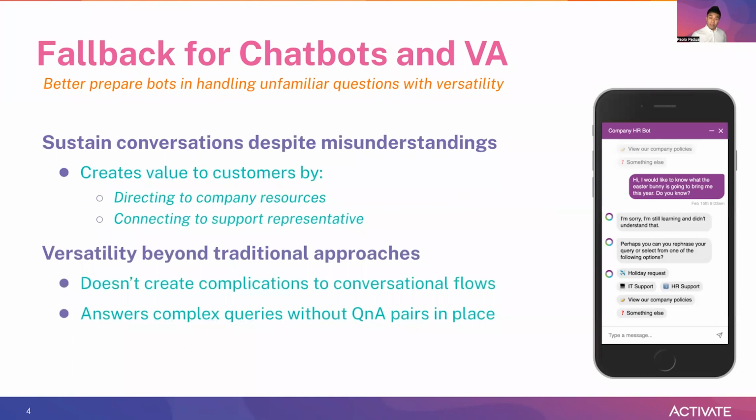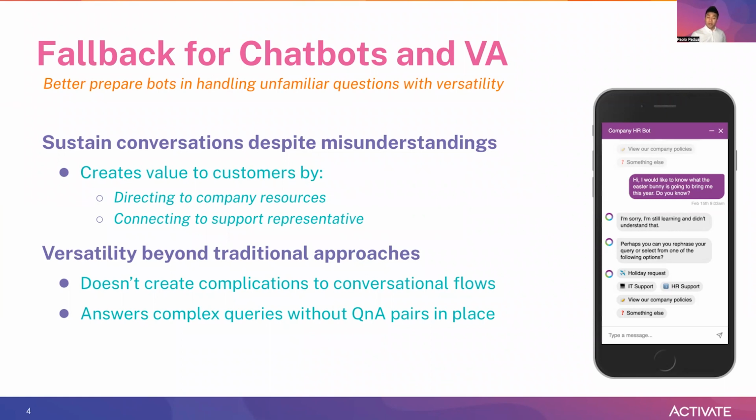Having a fallback in place helps chatbots sustain conversations when a misunderstanding occurs and creates value by either directing end users to company resources or connecting the user with a human representative. Although traditional fallback approaches help direct users to resources that potentially hold their answers, it still underutilizes a fallback's full capability of answering a user's query.